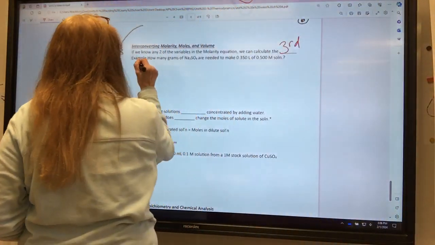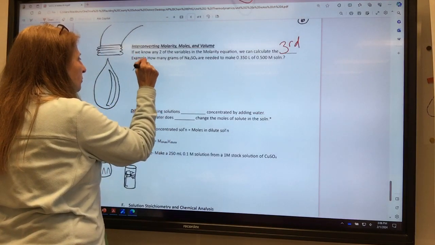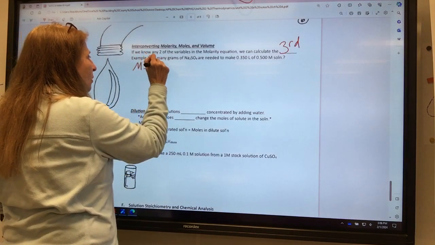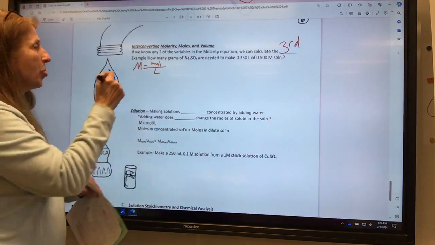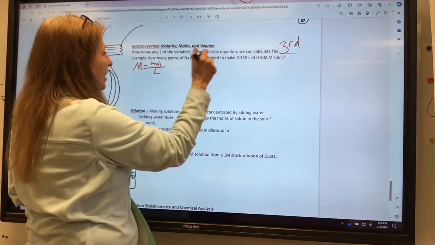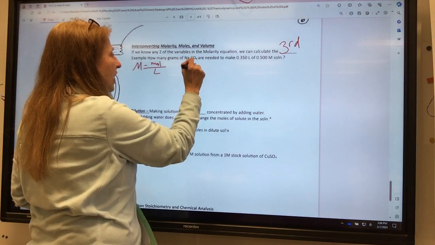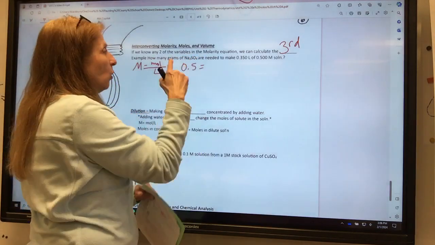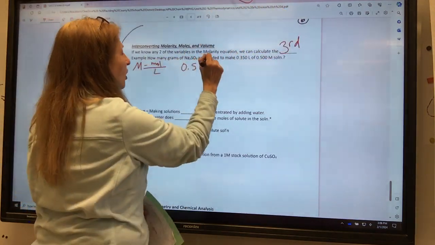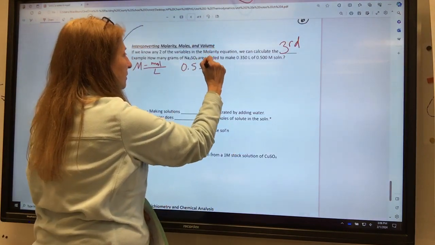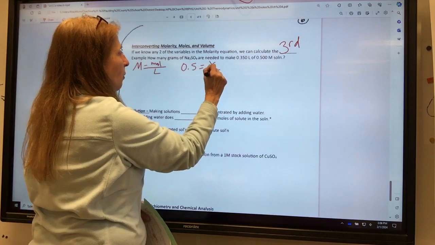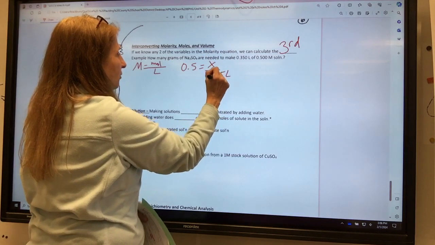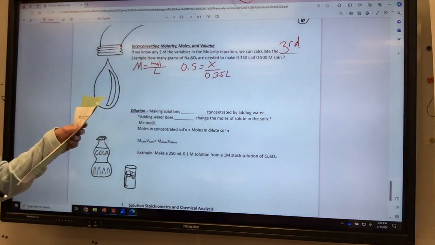So our formula is molarity equals moles over liters, right? Okay? So our molarity is 0.5, we're substituting it in. We don't know the moles, so moles is our X, over our volume, 0.35 liters. I didn't put all the extra zeros down.